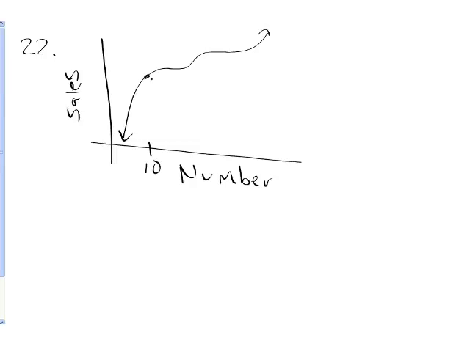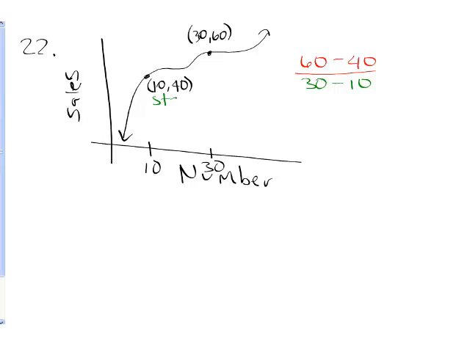And they tell us that that point is the point 10, 40. And I need to know what's going on at 30. And so they give us that point right here, which is 30, 60. And all you have to do is find the slope. So that's just going to be 60 minus 40, which is your y-coordinates, over 30 minus 10, which is your x-coordinates. And always go where you stop minus where you start. So this is my starter. This is my stopper.